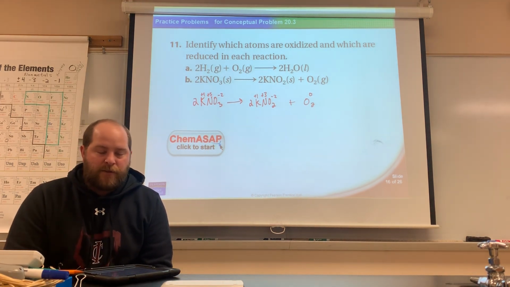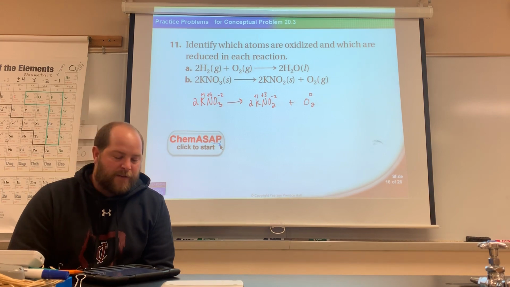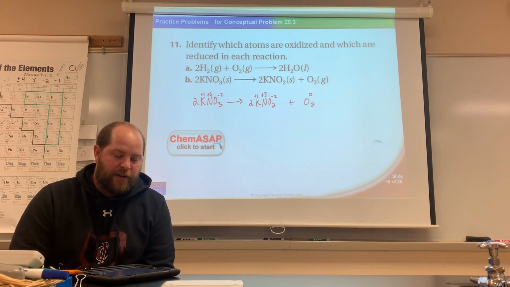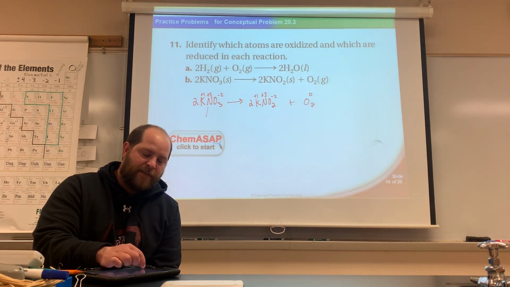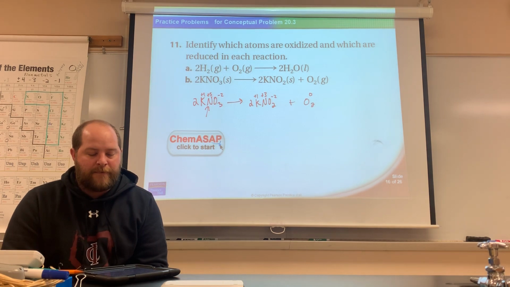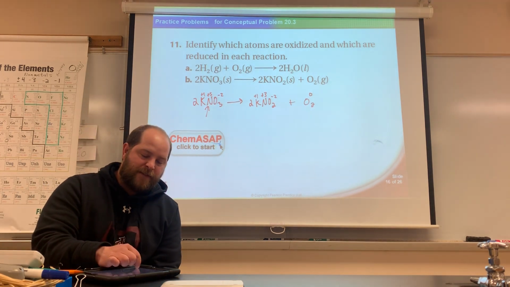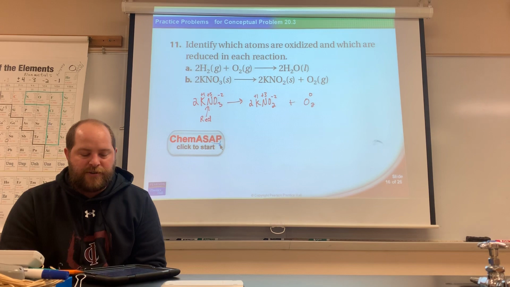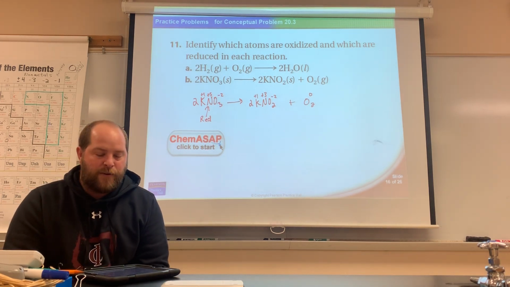All right. So the potassium is going from a +1 to a +1. Nothing's happening. The nitrogen, however, something's happening with that nitrogen. It's going from a +5 down to a +3. So that's suggesting that its number got reduced, which means it gained electrons. So the nitrogen is the substance that's being reduced.